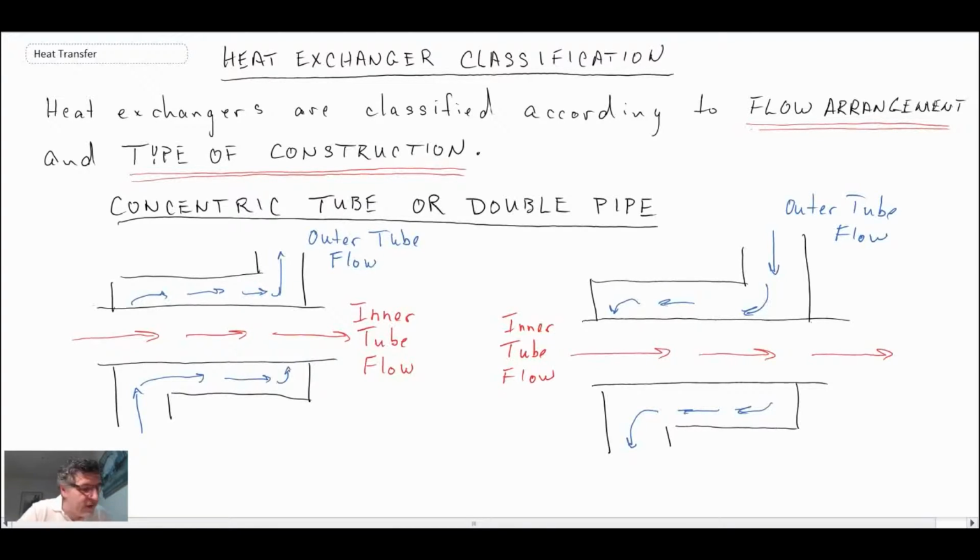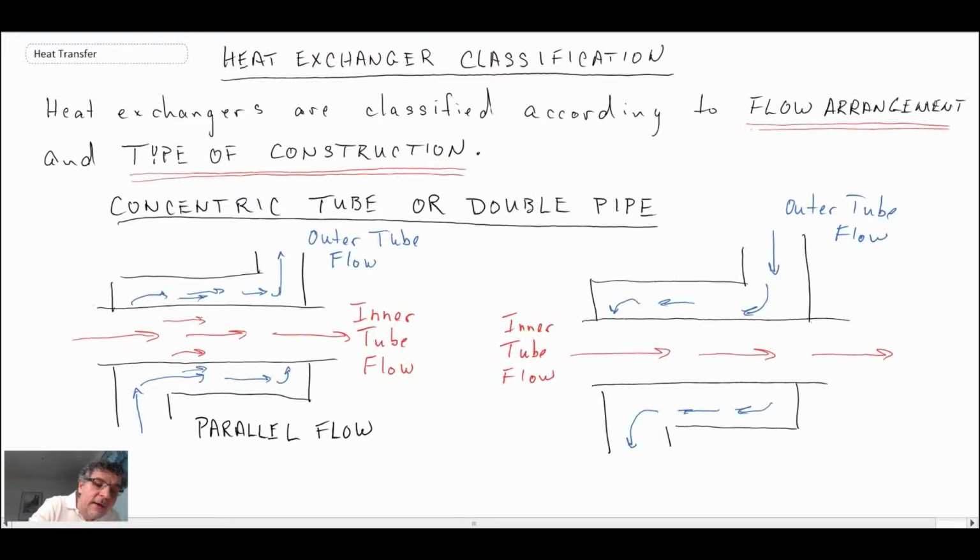The only difference is the direction of the fluid. We would refer to the one on the left as being the parallel flow configuration or arrangement. And that is because you can see the two fluid streams are going in the same direction. And that is why we call it parallel flow.